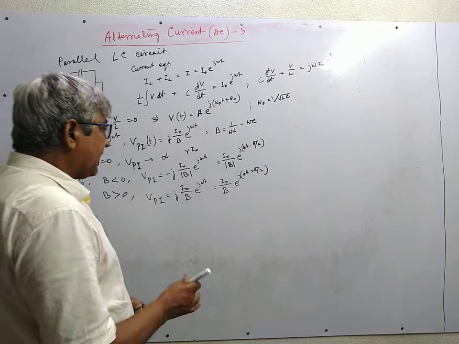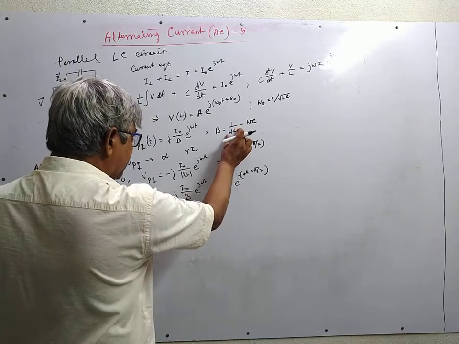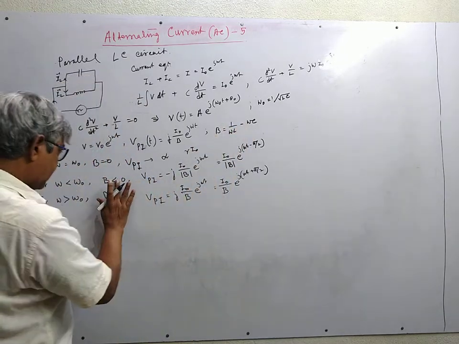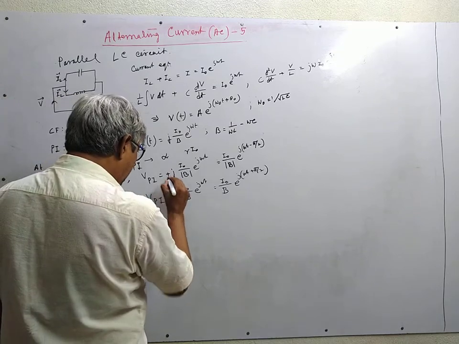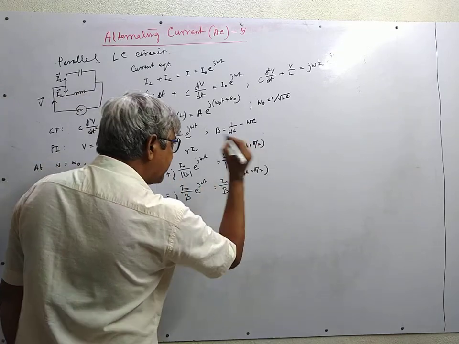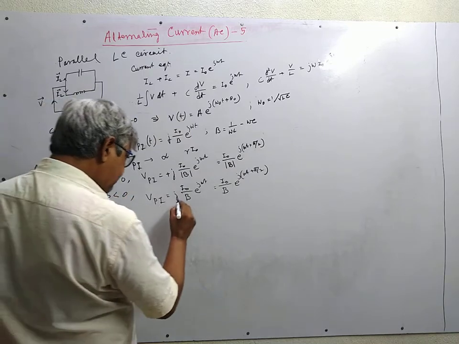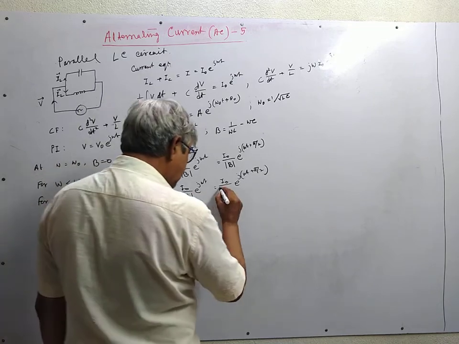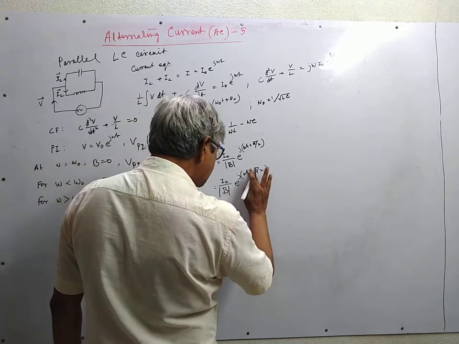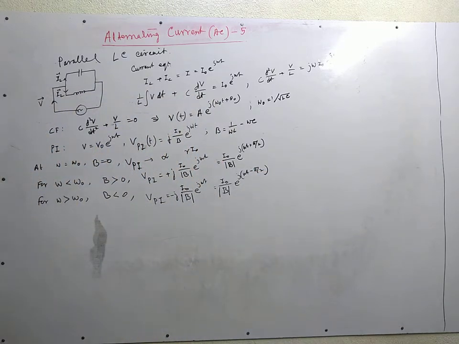If omega is less than omega 0, this denominator is small, so a wrong conclusion was drawn, and this is plus, and so this is plus. And for this part, please note these two corrections.